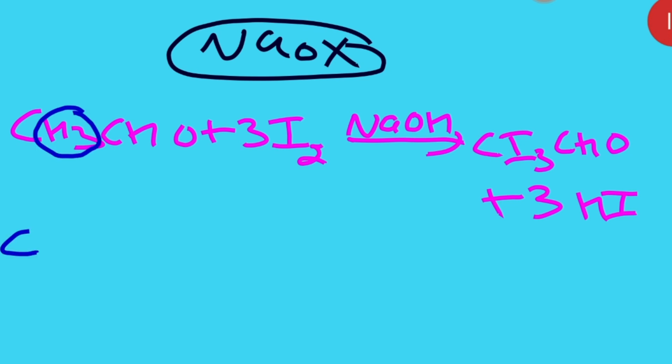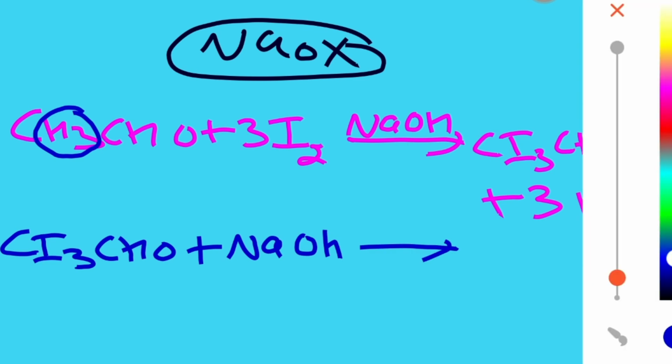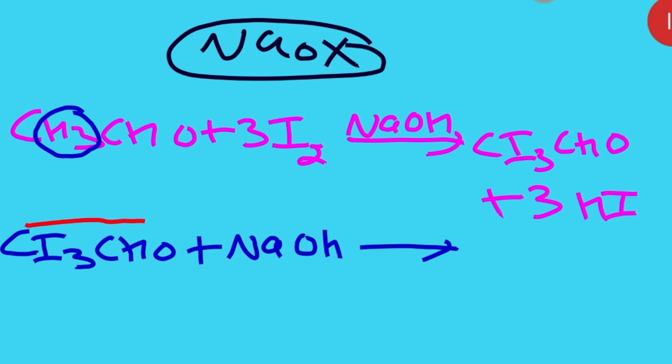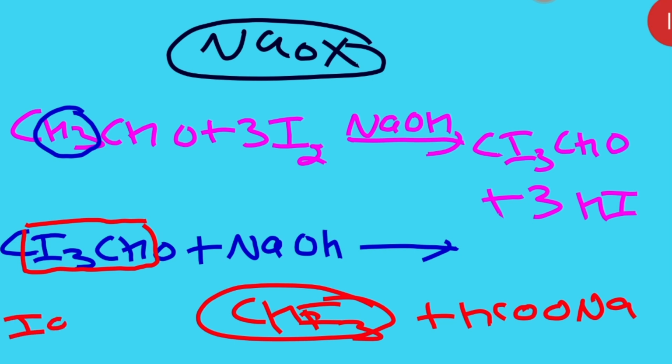Then this CI3CHO with NaOH gives CHI3 plus HCOONa.